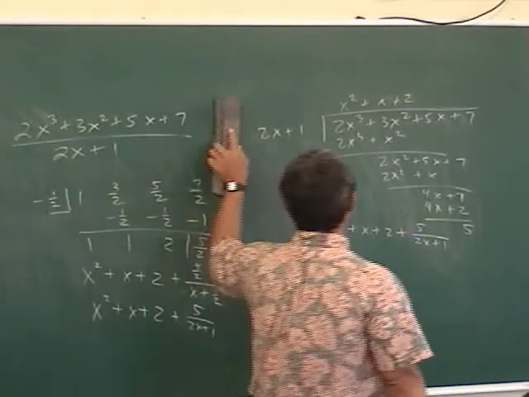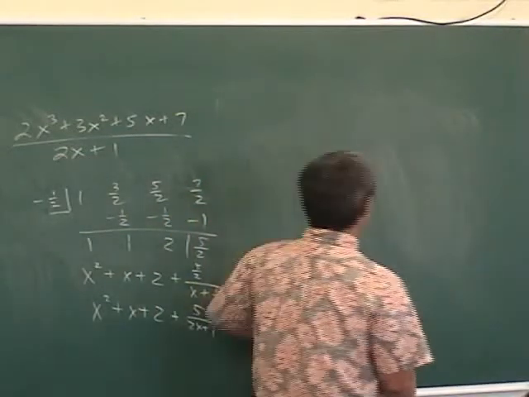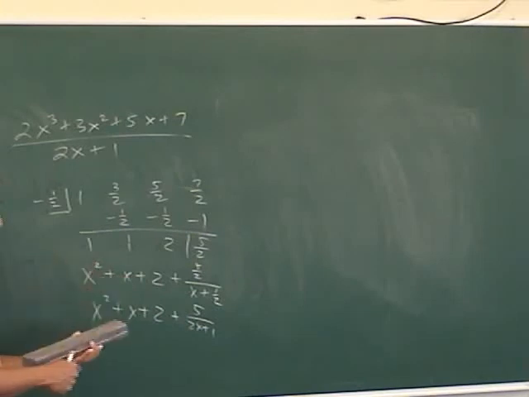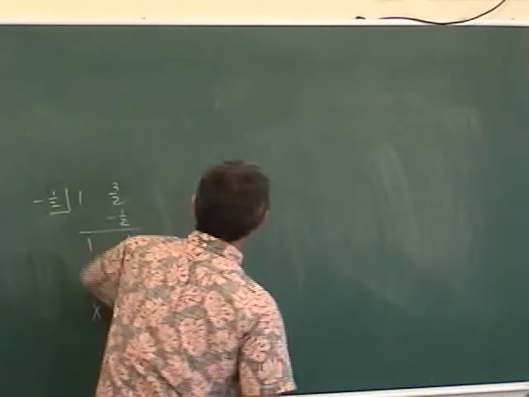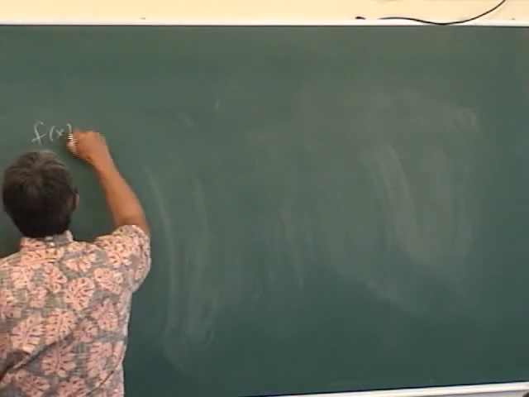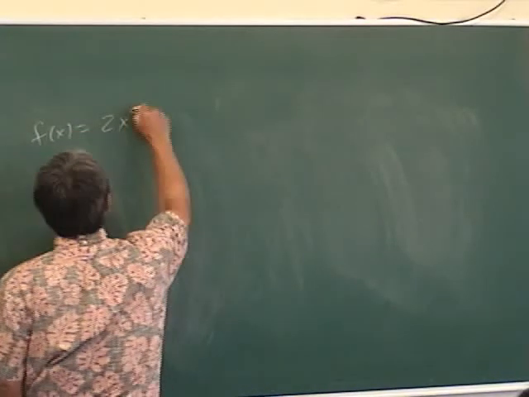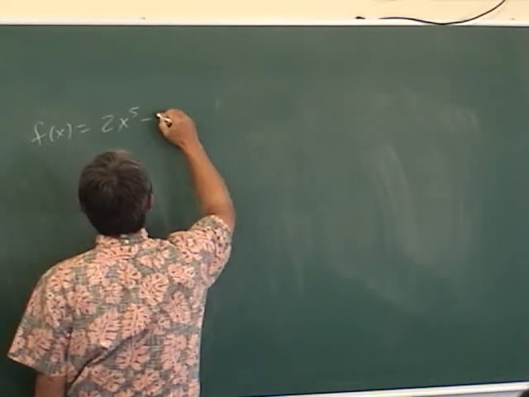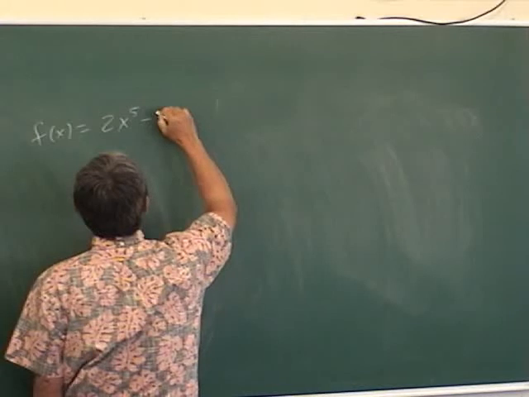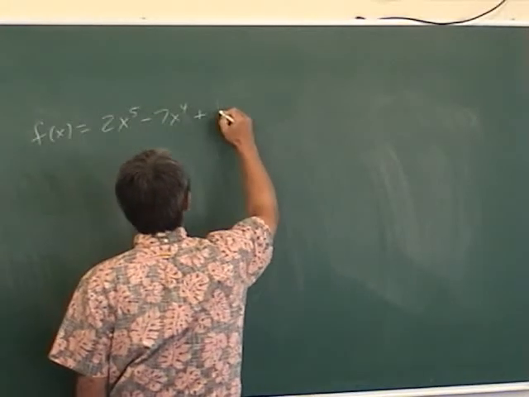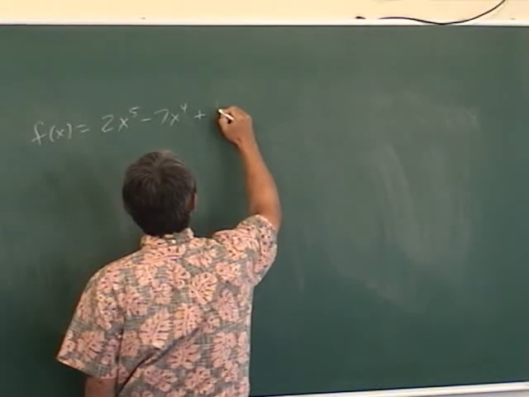Okay, let me give you another problem. Okay, so that's just the basics, okay? Adding, subtracting, multiplying, dividing. Operations on polynomials. Okay, now let me give you another problem. F of x is equal to 2x to the 5th minus, give me a single digit number. 7x to the 4th plus 1. 9. 2.